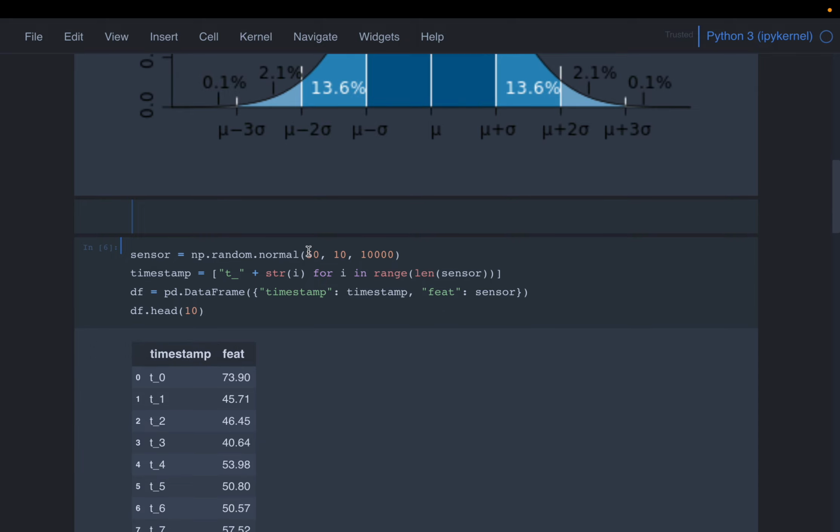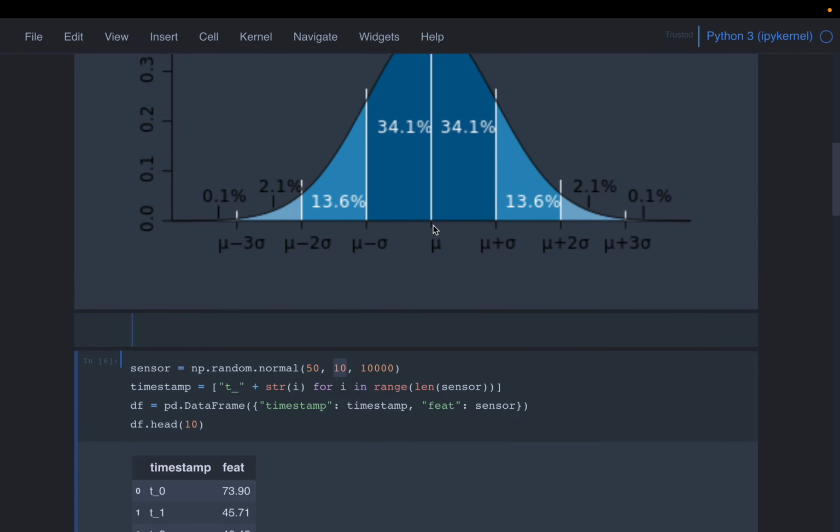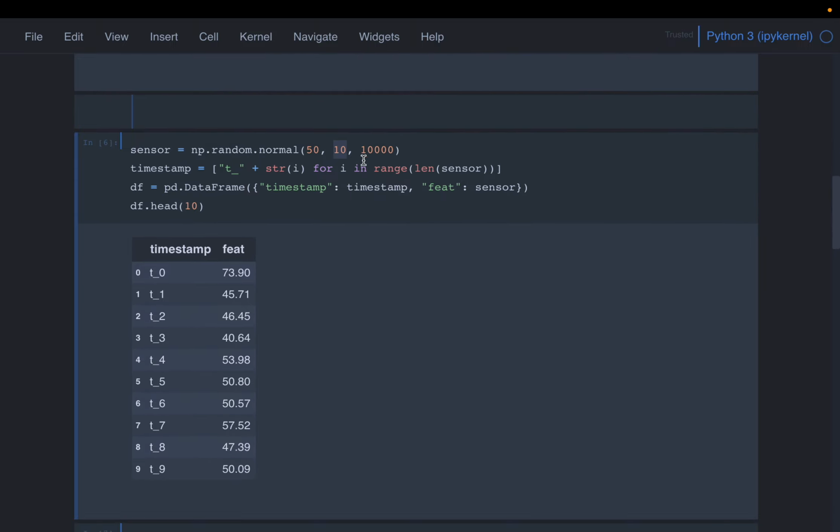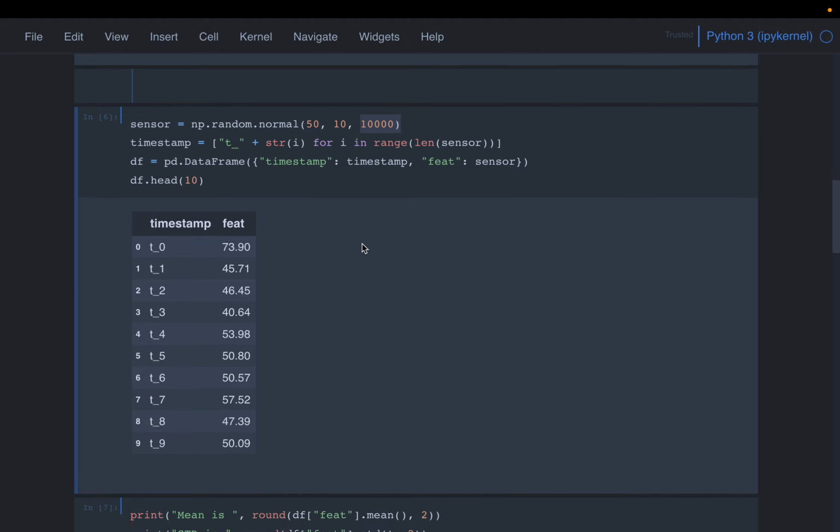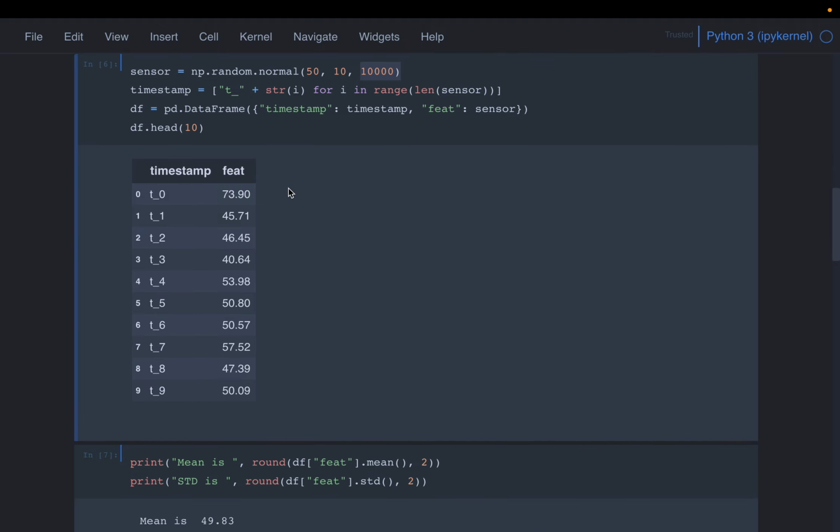Here we are generating a Gaussian distribution with a mean value of 50 and a standard deviation of 10. So mu is 50, and sigma, which represents the spread of the Gaussian distribution, is 10. We have generated 10,000 values. We can take this as a sensor or some other variable with time.